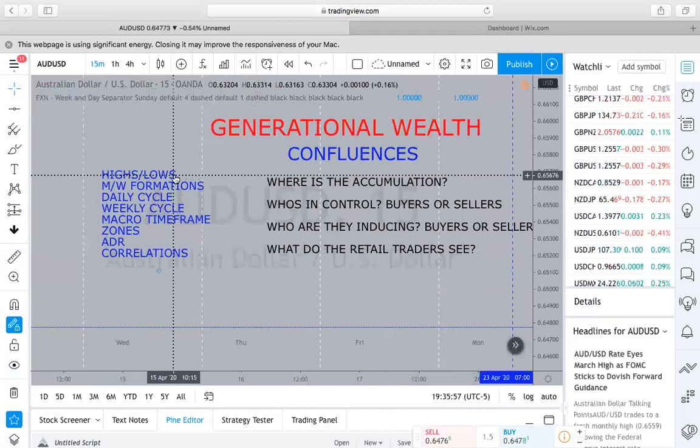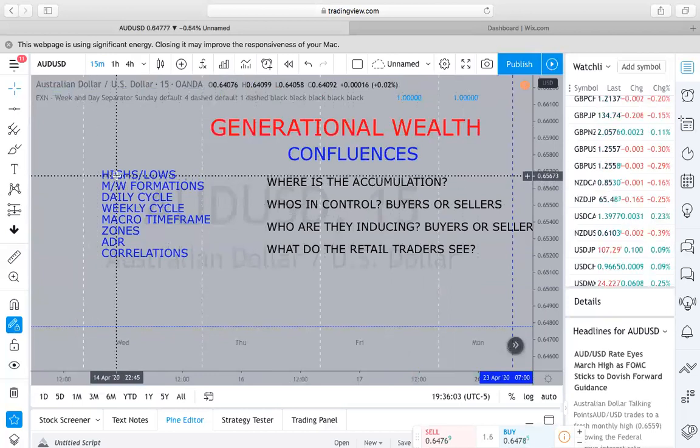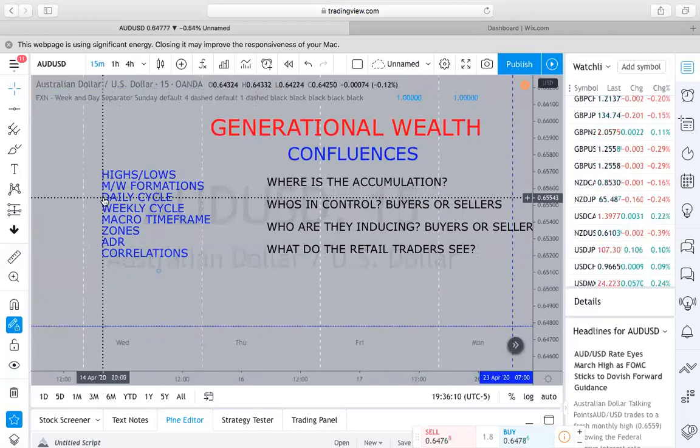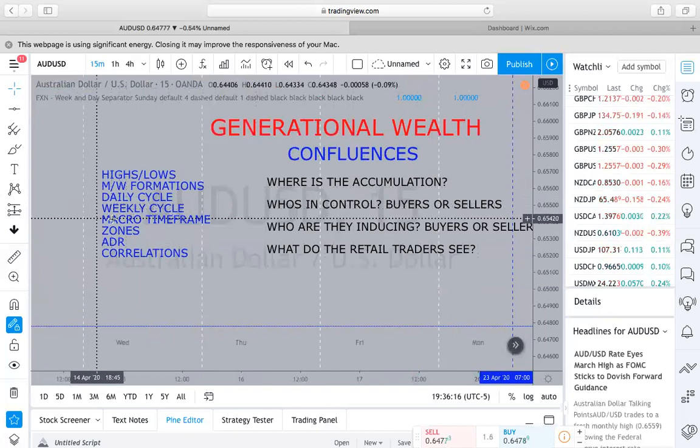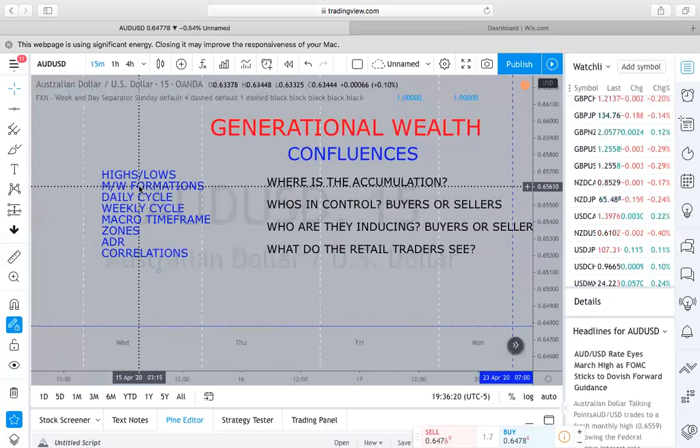So highs and lows, M and W formations off of those highs and lows, of course, being your daily cycle structure or the weekly cycle structure to reverse the market. The macro time frame is where you're also going to see these M and W highs, as well as on the lower time frame.